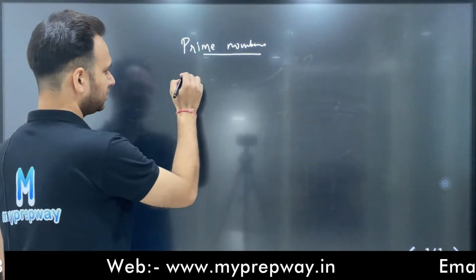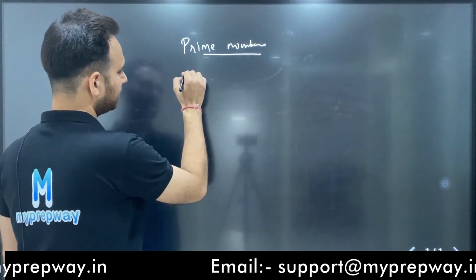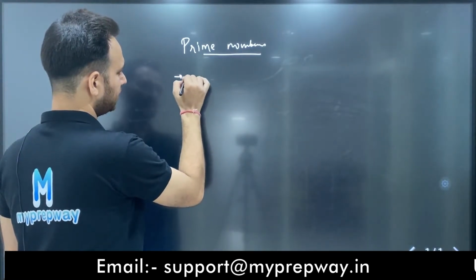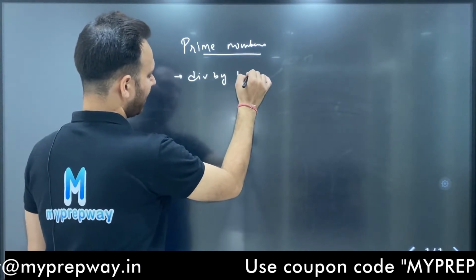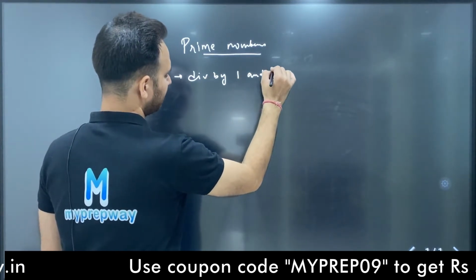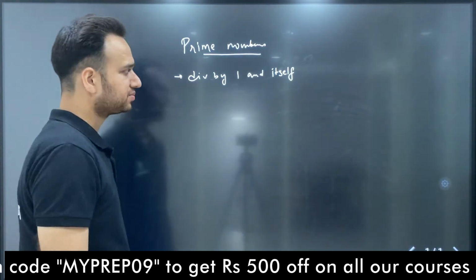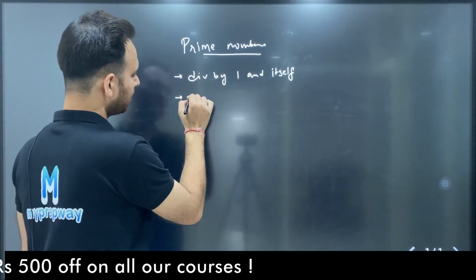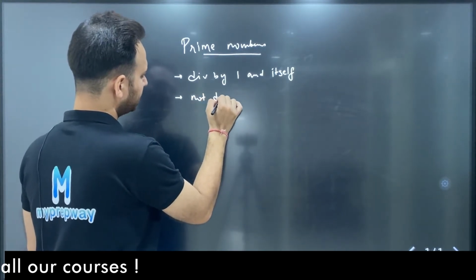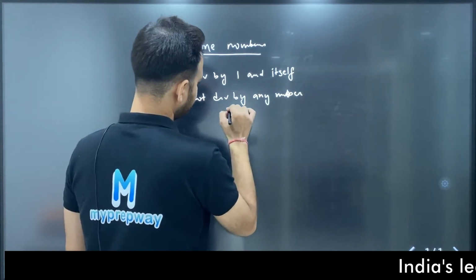For example, the first general definition is that the number which is divisible by 1 and itself is a prime number. The next definition is the number which is not divisible by any number other than itself.